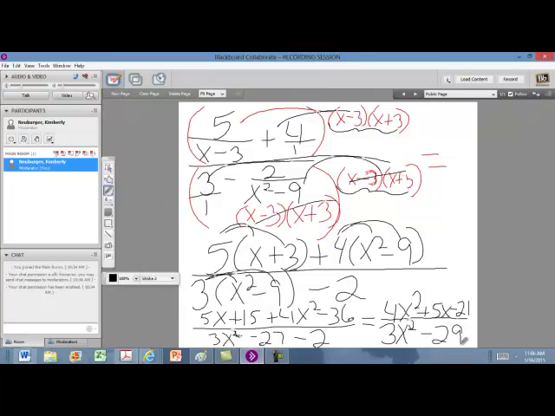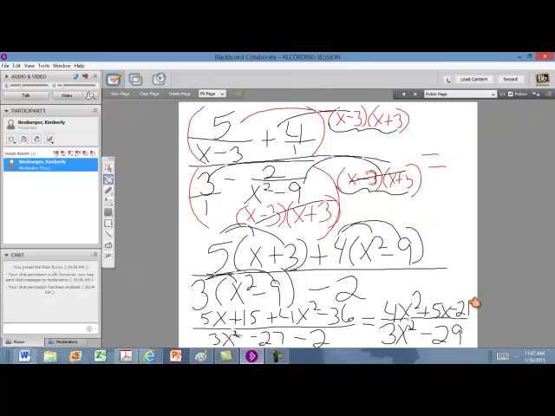However, you might be saying, well, this doesn't look like what we had for our answer in the last video. That's because the top up here is not factored like it was in the last video. You can factor it and leave it factored, or you can leave it in this form right here. If you wanted to factor it, you could, in this one here, nothing is in common, so you'd have to use the AC method to factor that.